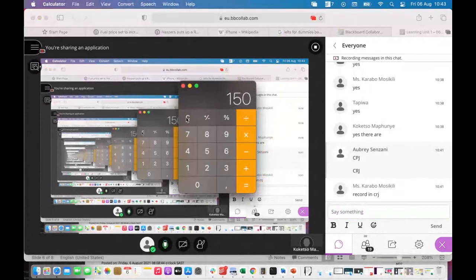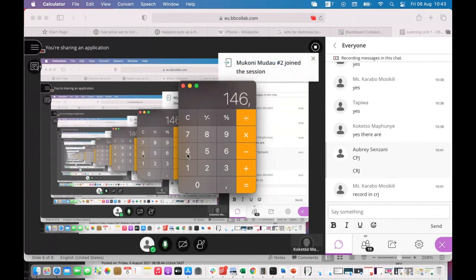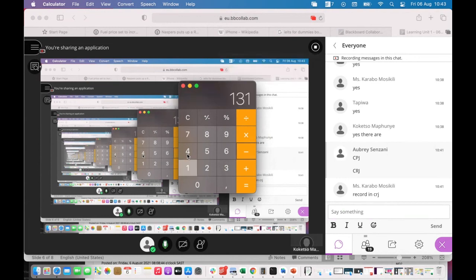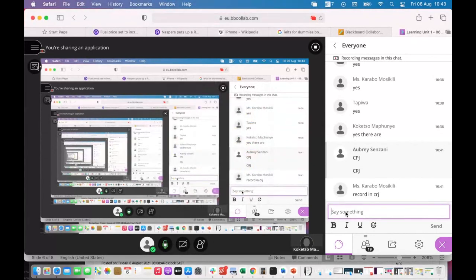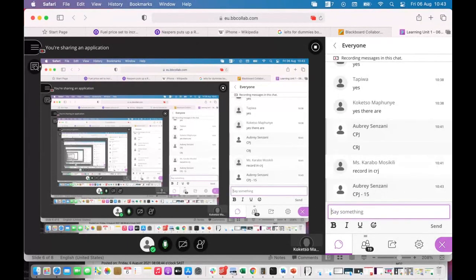So we recorded it for how much again? For 146.97. And they recorded it for 131.97. So that gives us a difference of 15 Rand. Since we made the higher amount out of the CPJ, it was overcast by 15 Rand.